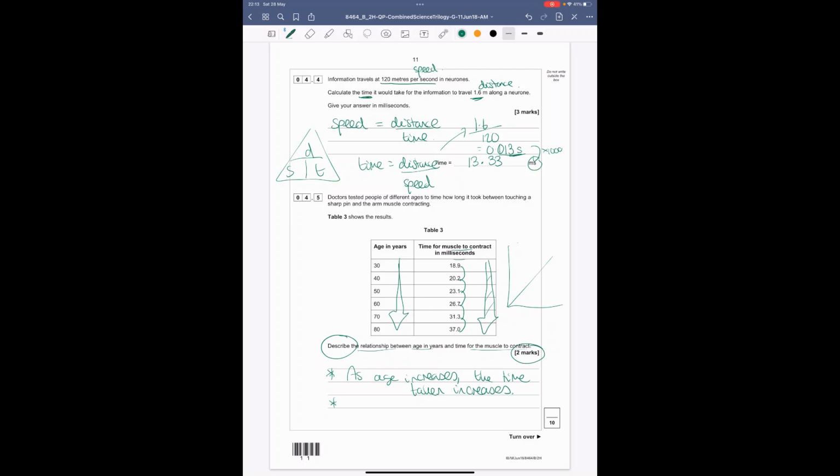So what we can say, it increases more quickly as age increases. So we're saying that if we were going to draw a graph of it, it would likely give a pattern like that. As your age increases, the time it takes for your muscles to respond goes up very quickly when you're older.